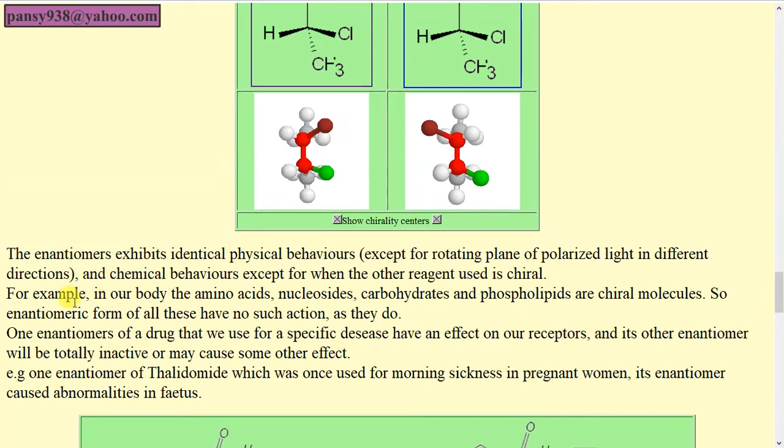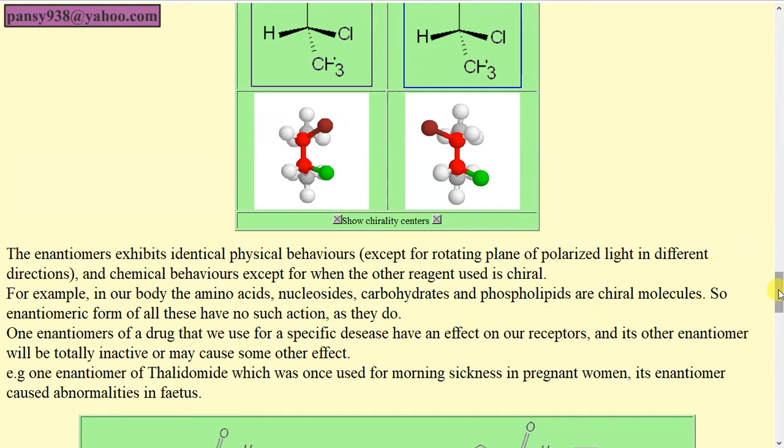And that is why in our body the amino acids, nucleosides, carbohydrates and phospholipids, all of these are chiral molecules. So the enantiomeric forms of all these have no such actions if they are not chiral.